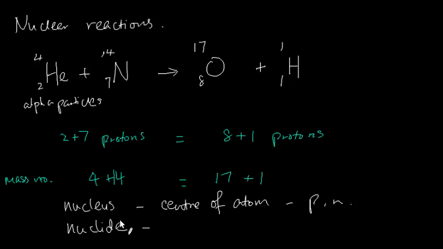So when we say the nucleus of an oxygen atom, all we know is that it has 8 protons, but we don't know how many neutrons. But if we say nuclide of an oxygen atom, then we must specify, or we are referring to a specific number of neutrons as well.